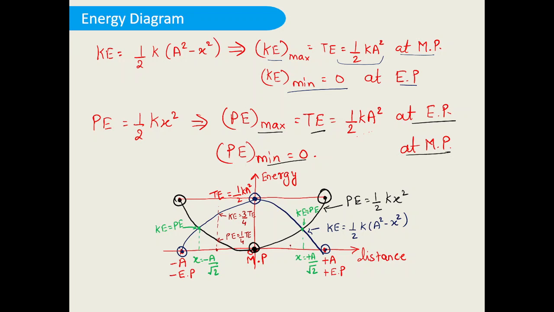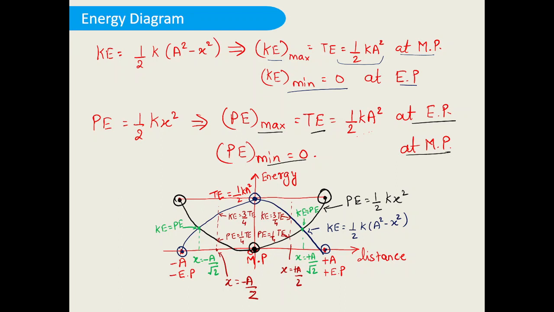Exactly at the middle, kinetic energy is greater compared to the potential energy. This is at x equal to plus a divided by 2, and this point is x equal to minus a divided by 2.